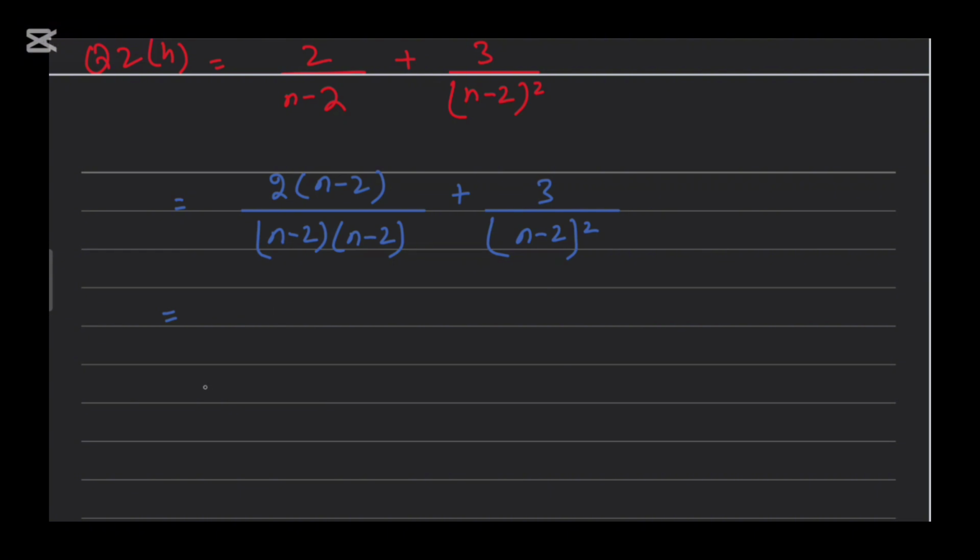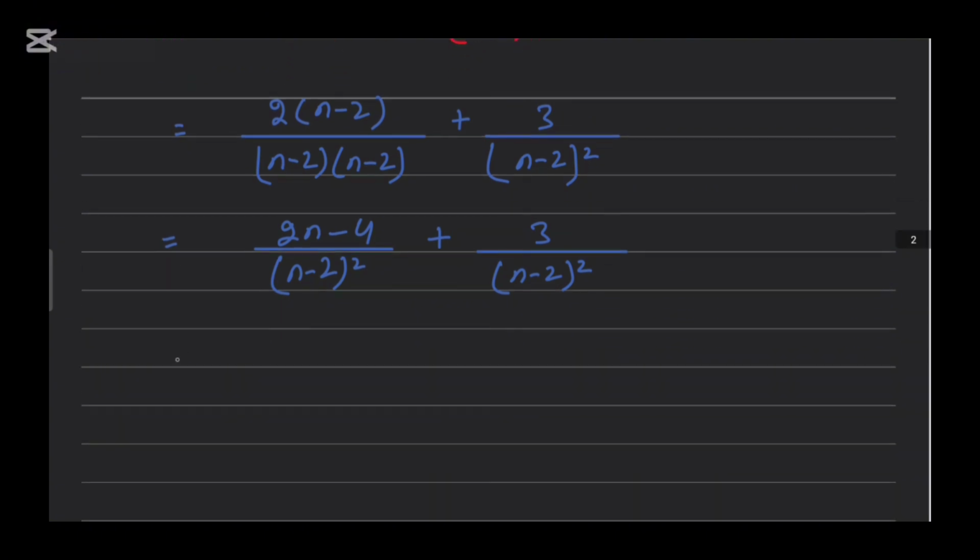If you multiply 2 with n minus 2, you will get 2n minus 4. And in the denominator it will become n minus 2 whole square, plus 3 over n minus 2 whole square.